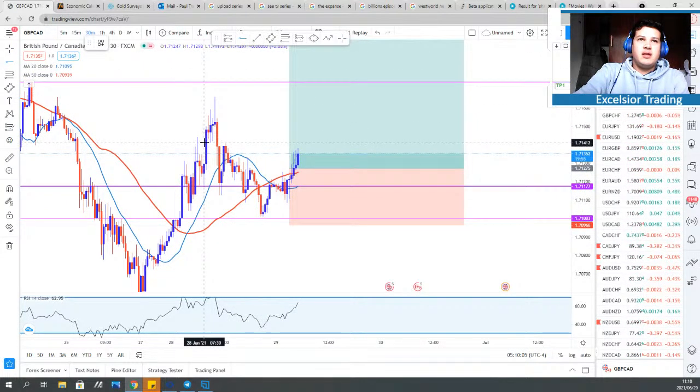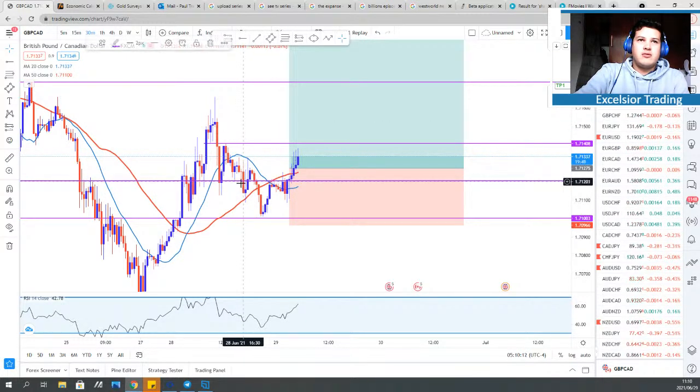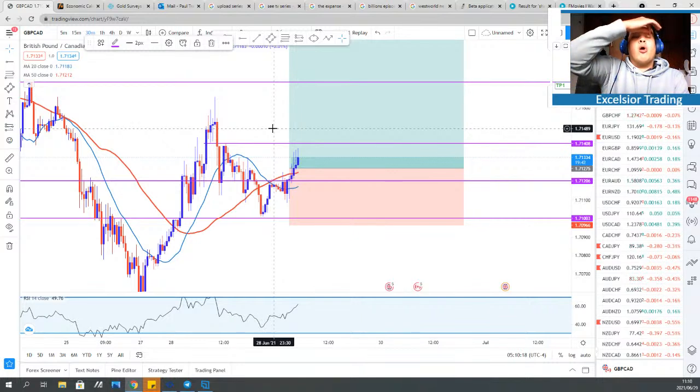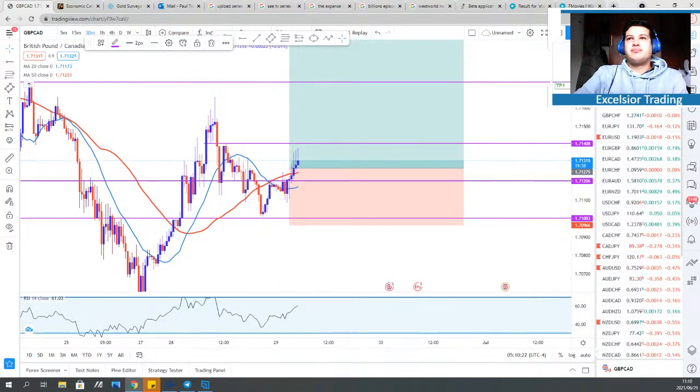Just have to be very careful with this resistance here. We can actually hold that here. So it might find support here if it comes back down. It looks like the 20 is going across the 50 for more upside bullish momentum.